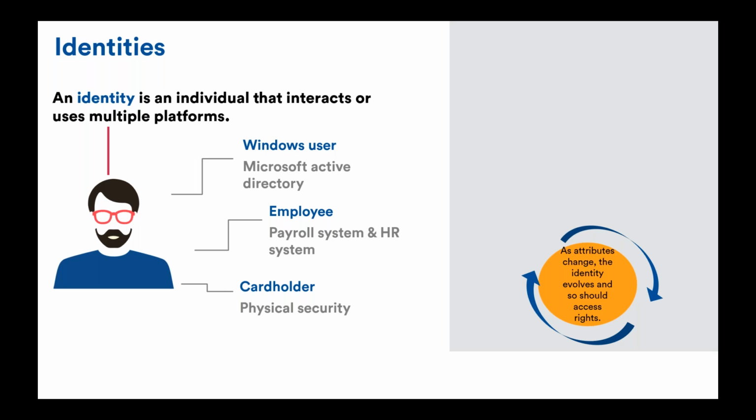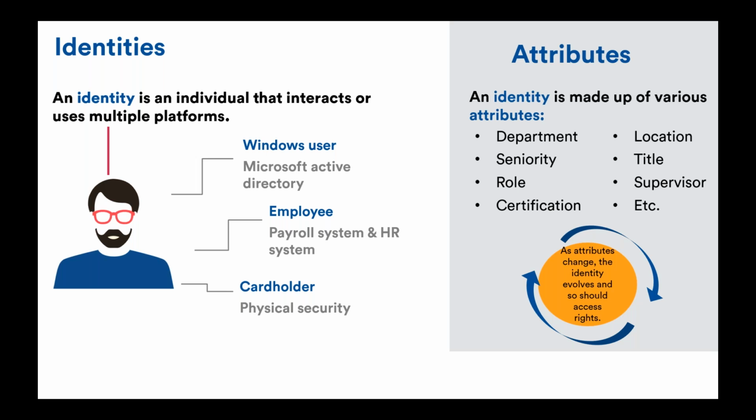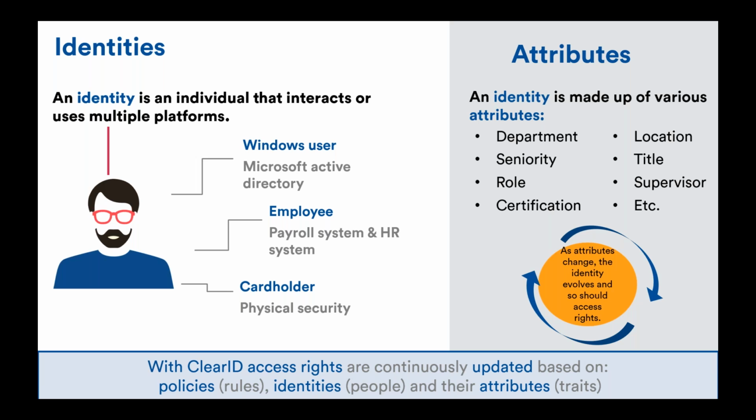Rather than items, an identity is made up of different attributes, and that could be a role, a location, a title, a certification, etc. It just depends on the organization. Many of these attributes change over time, and as they evolve naturally with a person, so should their access rights.